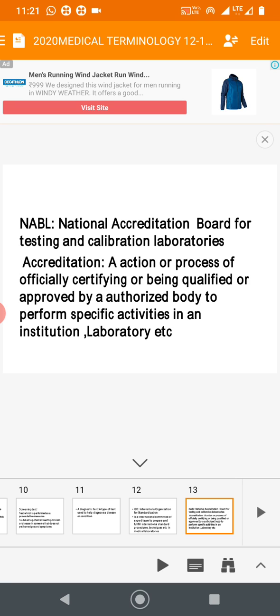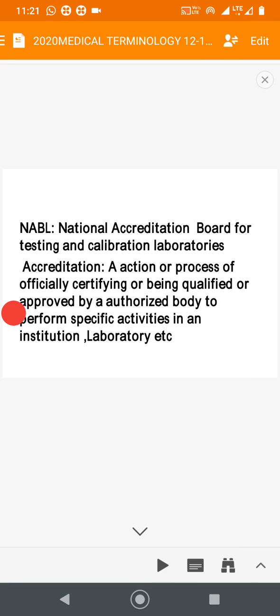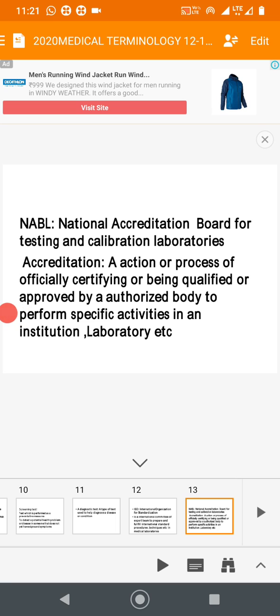So what is accreditation? Accreditation is the action or process of officially certifying. Here, officially certifying is important, or being qualified or approved by an authorized body. It is not like internal people; experts come from different fields, even of the same lab.